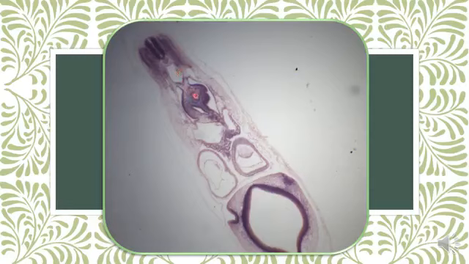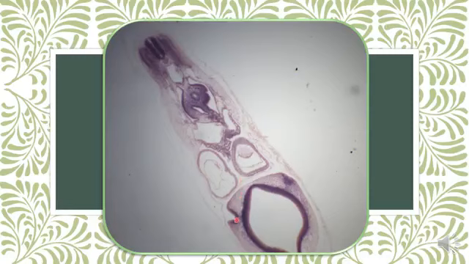Ventral to the dorsal aorta, a gut tube or foregut suspended by a dorsal mesentery in the dorsal. In the ventral, this is the ventral mesentery. Ventral to the gut tube, heart, and the cavity of the heart is called the pericardial cavity.